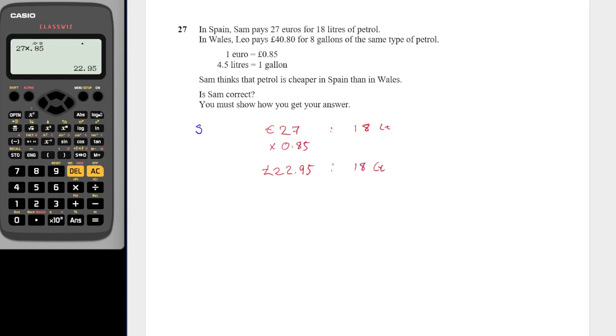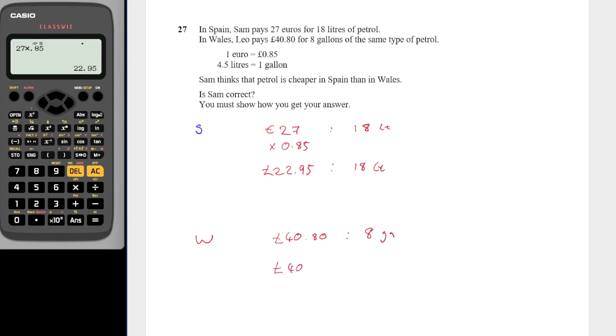I'll leave a little bit of space there because I'm going to convert something else after I've got my comparables. So then I'm going to look at Wales. In Wales, Leo spends £40.80, and for that he gets 8 gallons. Again, I'm going to convert that into pounds and litres.